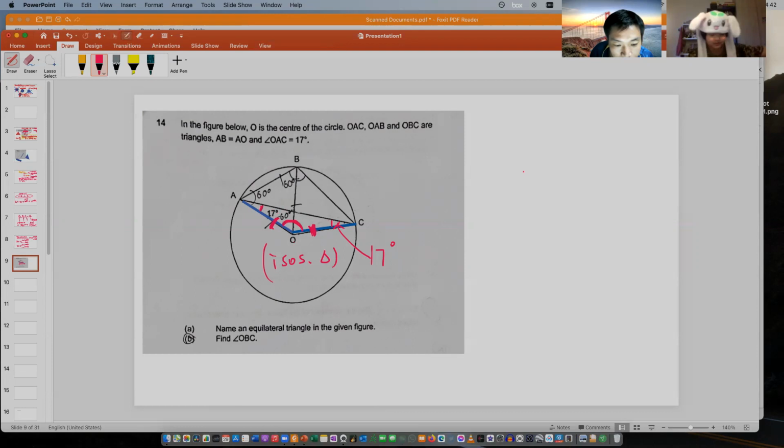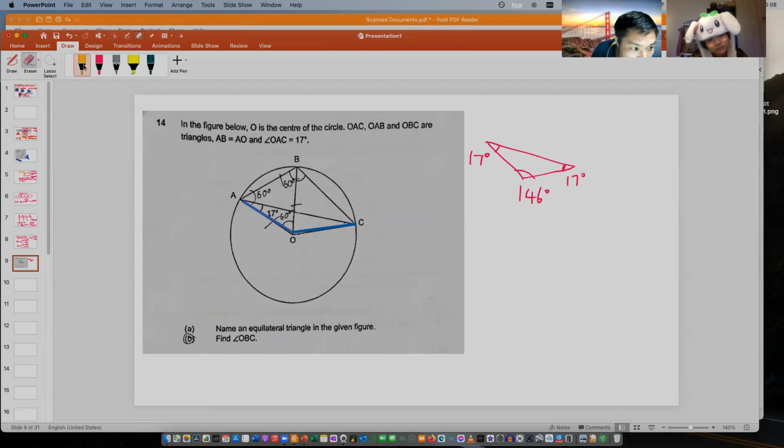180 minus 17 minus 17, which is 146. So this is 146. Okay, and then this is done. Next, once again, you have another radius.